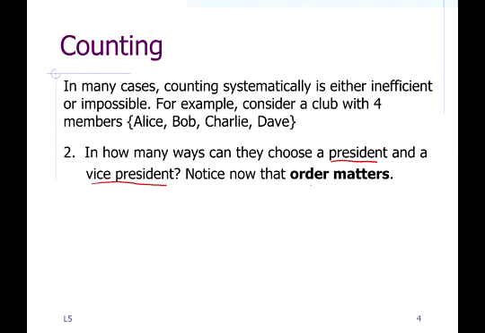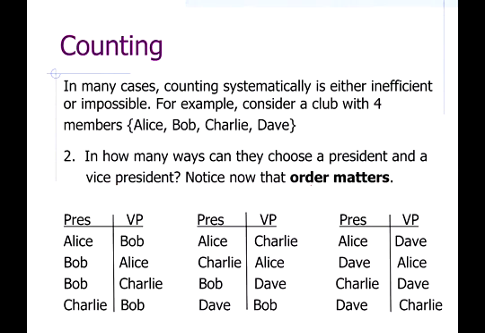So now it looks like we've doubled to 12 possible scenarios, because now Alice and Bob, this group of 2, accounts for 2 possible options. President Alice, VP Bob, or President Bob, VP Alice. Whereas before, whether it was Alice, Bob, Bob, Alice, it didn't matter. It was the same team.